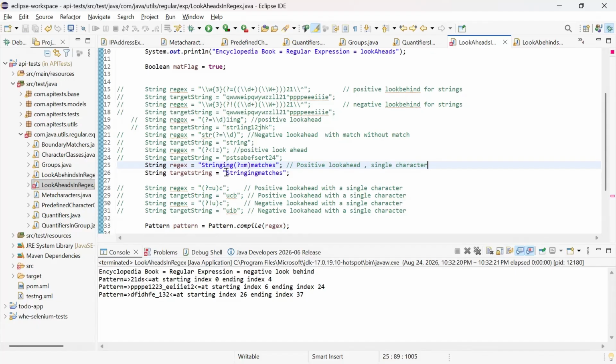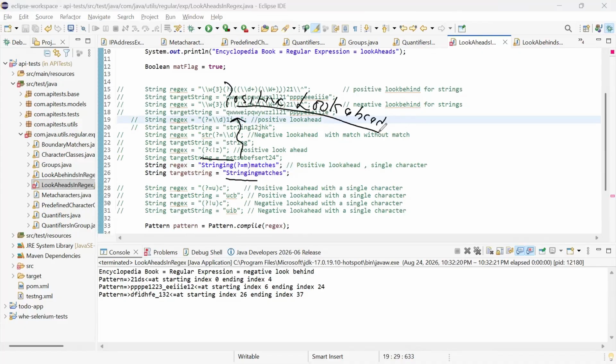So let's see how tracing will happen here. Pretty simple how regex works. From this, "stringing" will match exactly till here. After that, we have this expression, a positive look ahead.